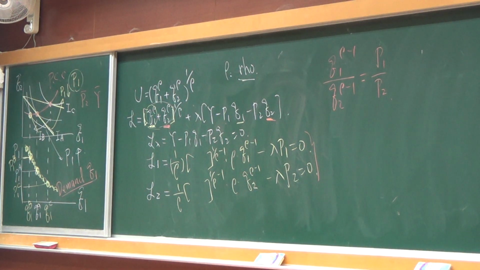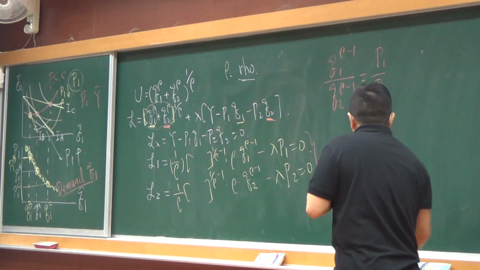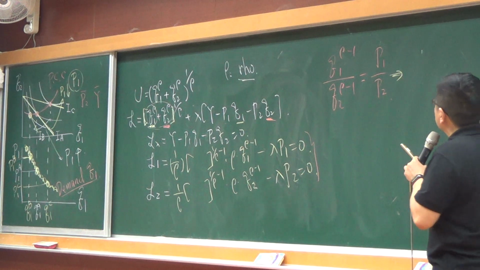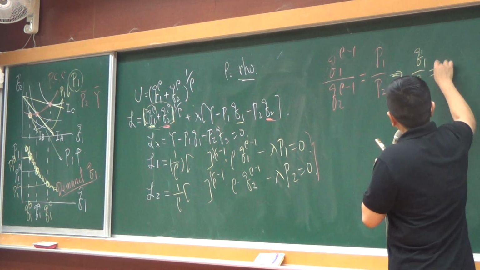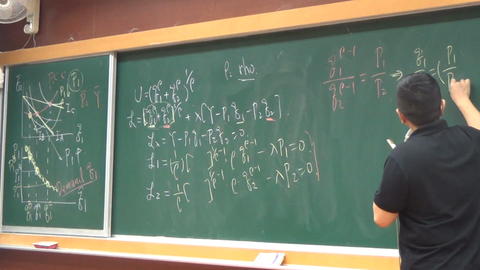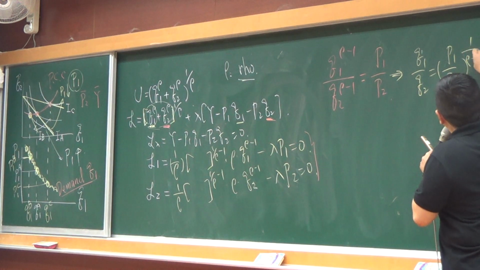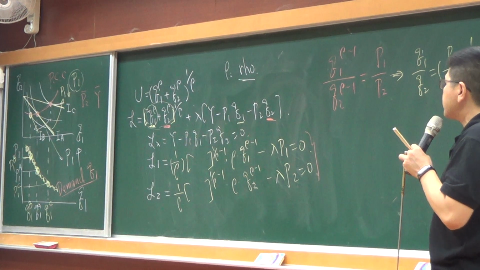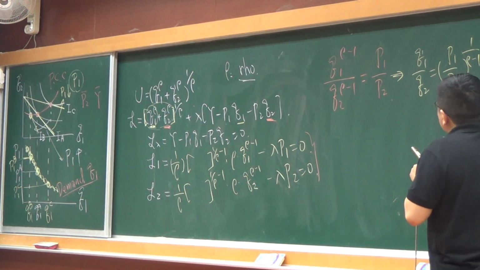Just like here. And we may rearrange this as Q1 over Q2 equals P1 over P2 to the power of 1 over (rho minus 1). Okay?